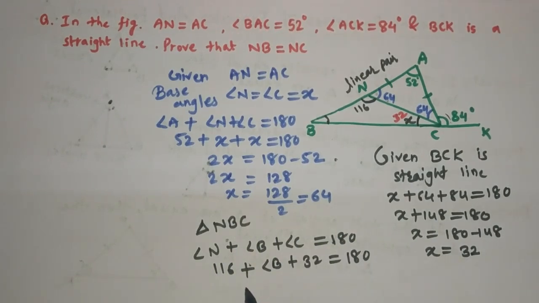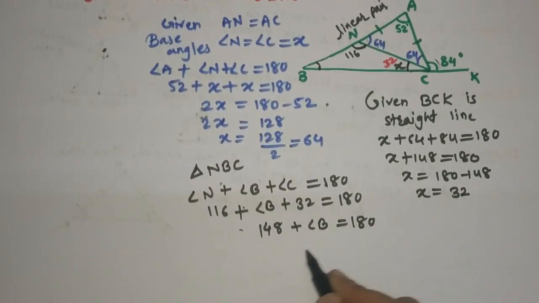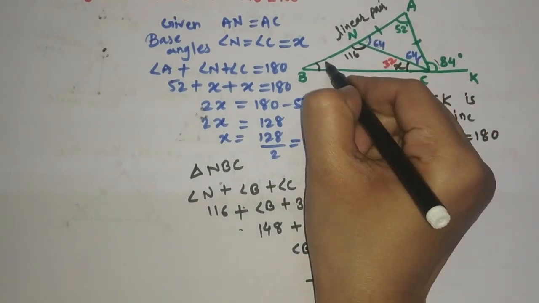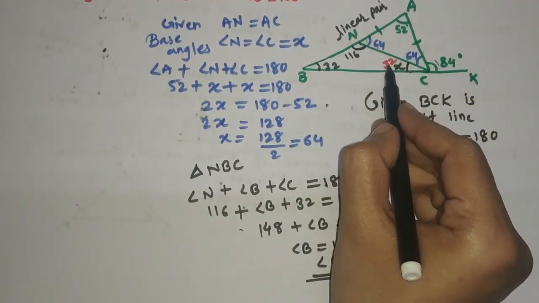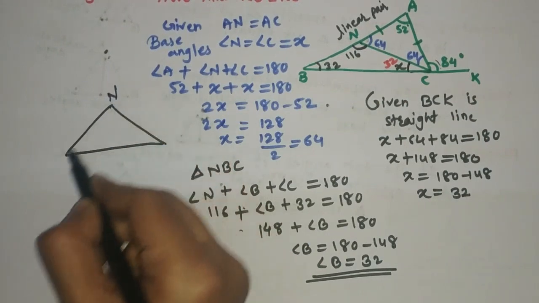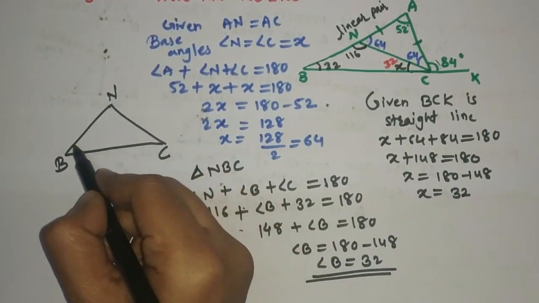So 116 plus 32, we will do the addition, then 180. So angle B is what? 180 minus 148. So angle B is what? 32. Means we have got this also 32. So once base angles become equal, this is NBC, this is 32.